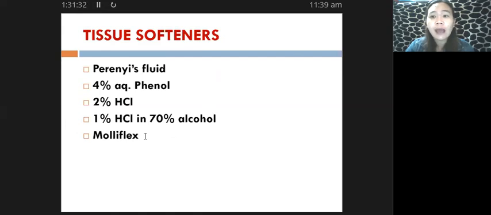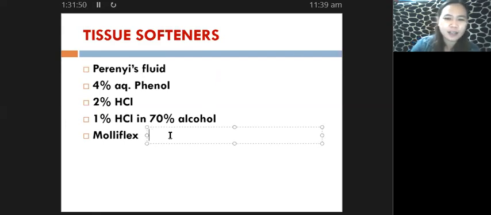I repeat, after tissue softening in Molliflex, your tissue samples will appear swollen and soapy. However, do not be shocked. Do not panic, because even if your tissues appear swollen and soapy, this will not have any deleterious or detrimental effect on your tissues.